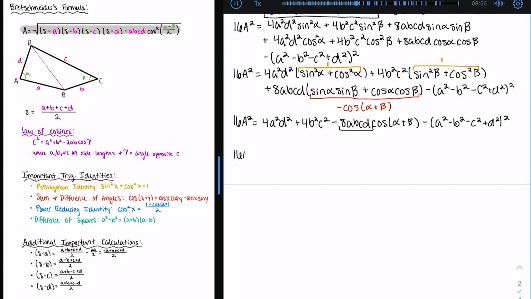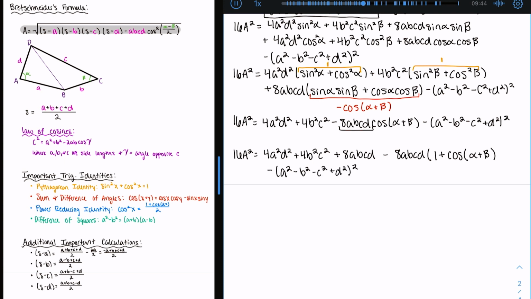So when I do that, I get 16a squared equals 4a squared d squared plus 4b squared c squared plus 8abcd minus 8abcd, and then I can combine the two negative 8abcds, and I will get negative 8abcd times 1 plus cosine of alpha plus beta, and then I will still carry down the negative a squared minus b squared minus c squared plus d squared all squared.